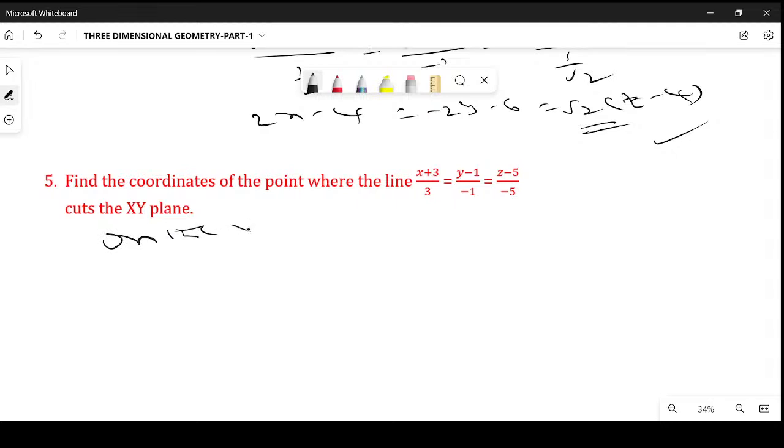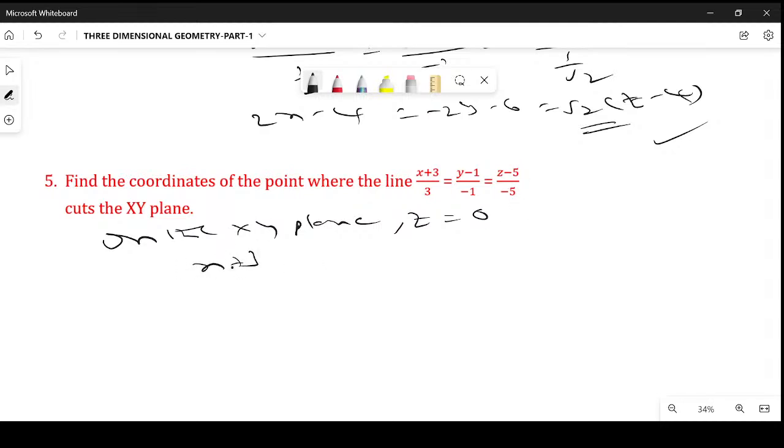Always remember, in the xy plane, z will be 0. Because they are asking for the point in the xy plane, replace z with 0.